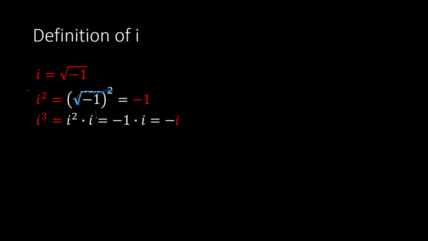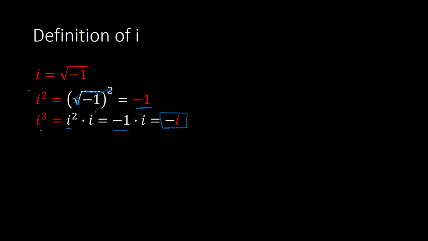So i squared times i to the first would equal i to the third power. And the reason I did that is because i squared, we just said, is -1. So in place of i squared, I can put in a -1, and we would get our solution, or simplified form, of -i right here. So i to the third power, we can simplify and say it is equal to -i.